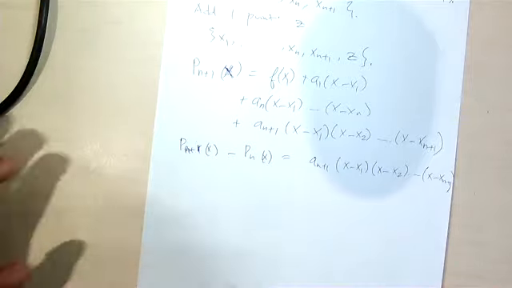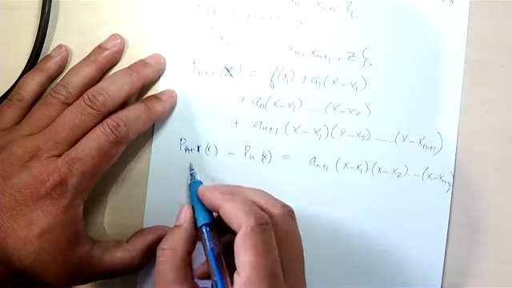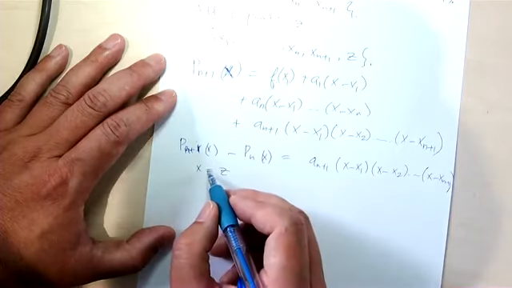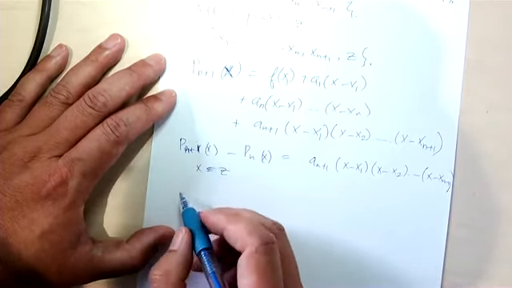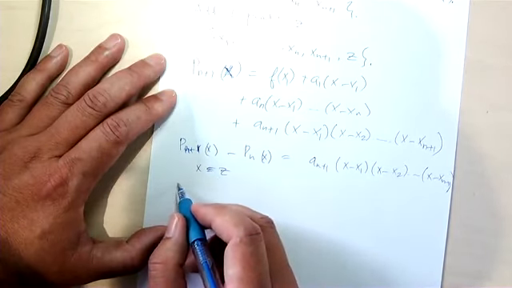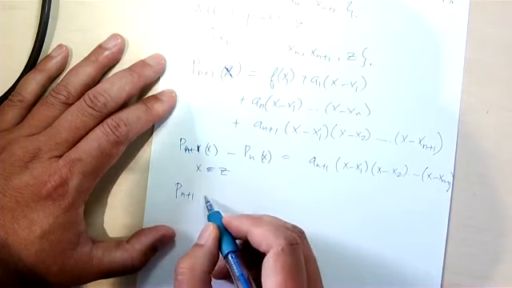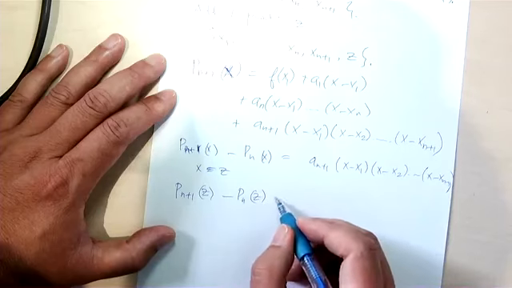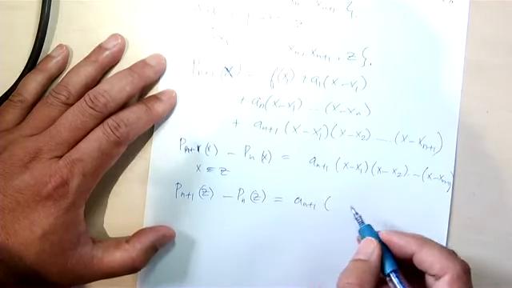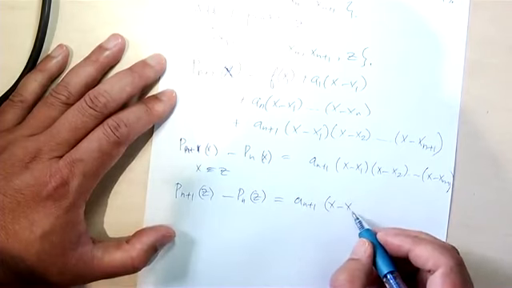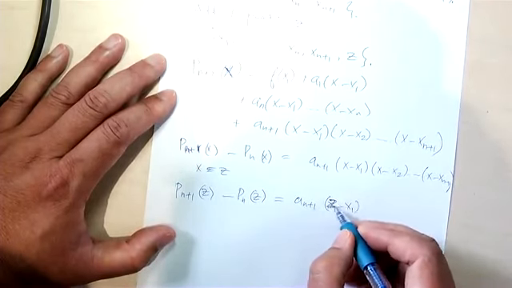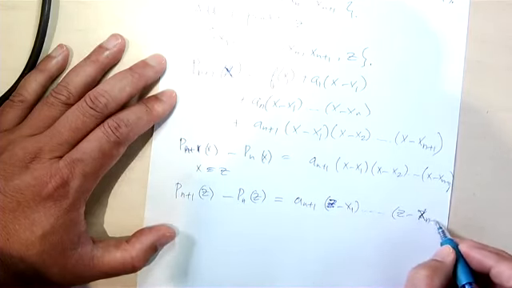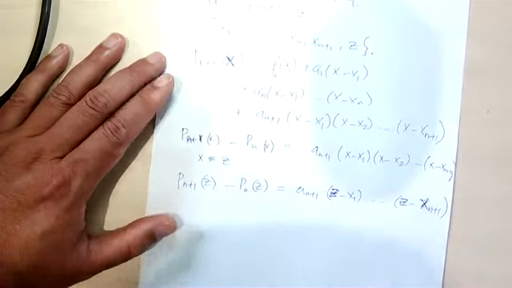But now, suppose I put x equals z. Then I have Pn plus 1(z) minus Pn(z), and here I have an plus 1(z minus x1) up to (z minus xn plus 1). Yeah?